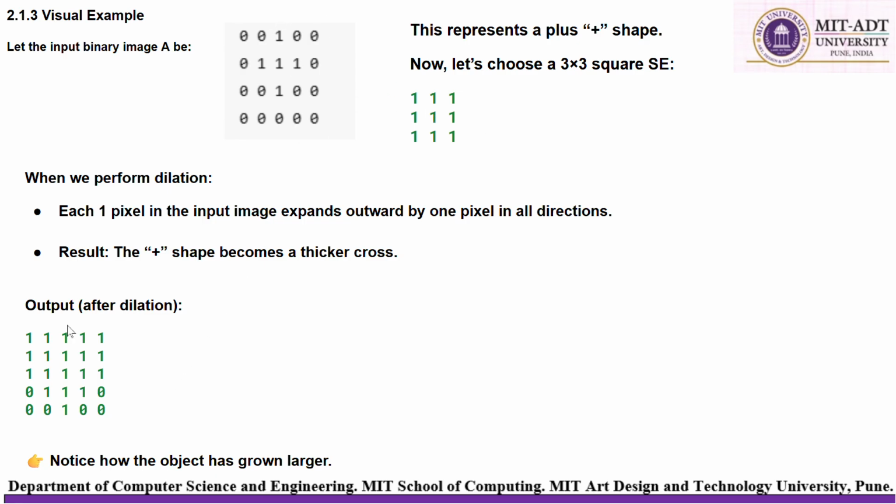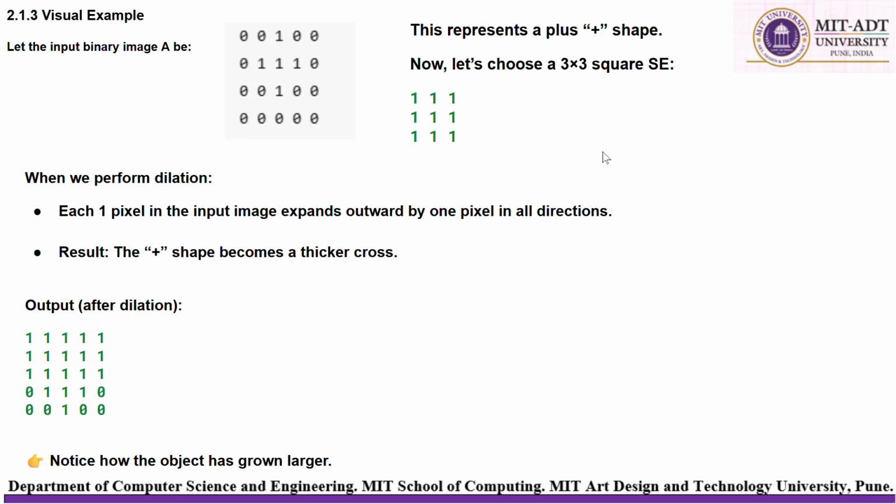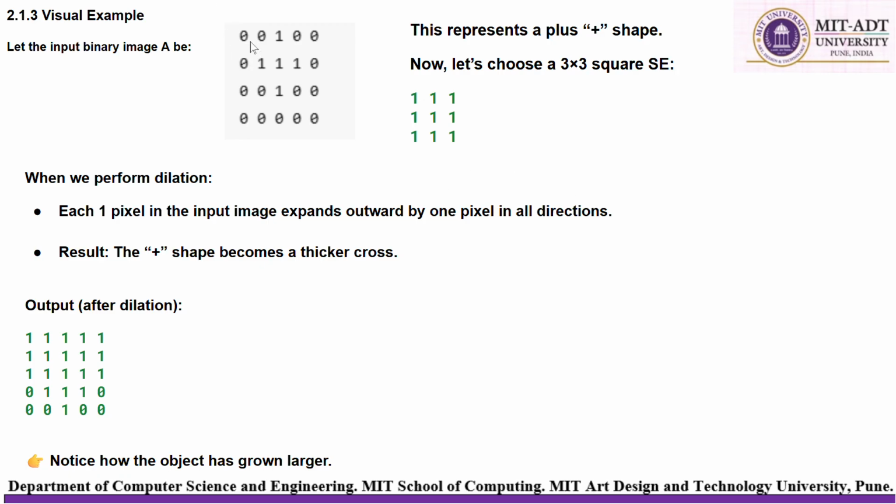I need to place this structuring element on the input image. Wherever overlaps are there, those overlaps will be marked in the output image as foreground.